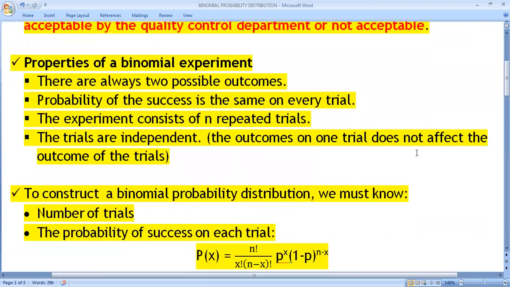Now, to construct a binomial probability distribution, we must know the number of trials. We have to know the probability of success on each trial. In a binomial probability distribution, if you are to calculate the probabilities, we use this formula.